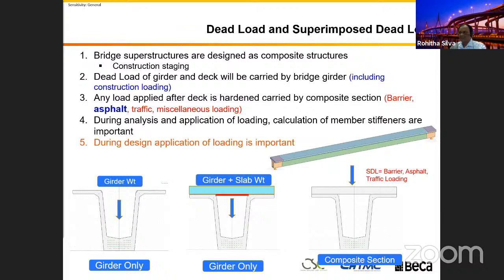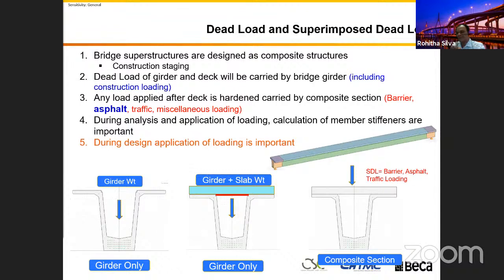Most designs, to make them economical, whether concrete, steel-concrete or any other material, we try to design as a composite section to achieve economy. So I have an example here of why we call it superimposed dead load in a bridge.